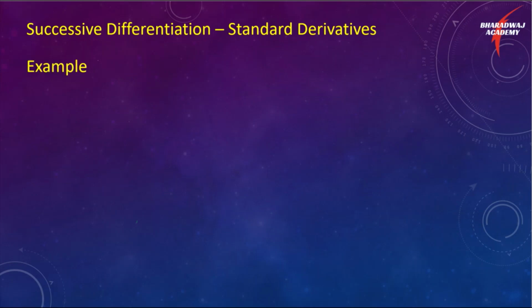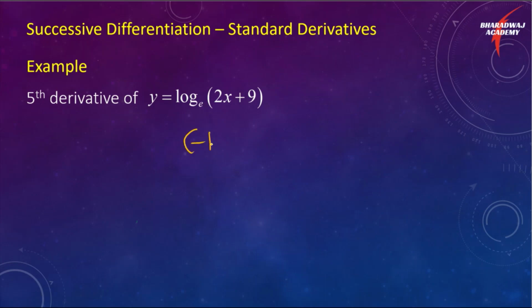Now let's see an example. What is the fifth derivative of log 2x plus 9 to the base e? So direct application of the formula. Minus 1 power 5 into n minus 1.